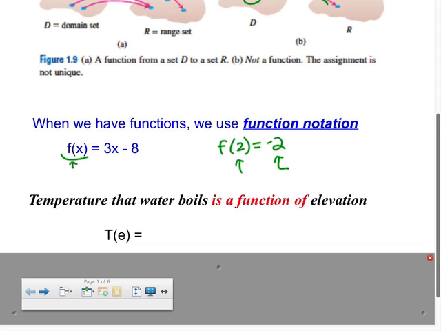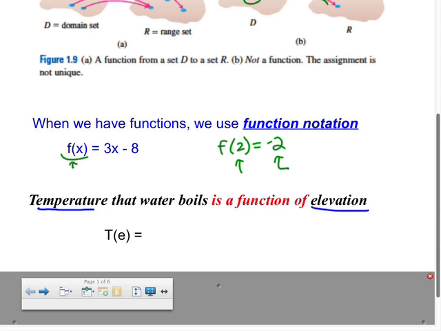Now, some ways of speaking, vocabulary here. When we say, for example, that the temperature that water boils is a function of elevation, what we're saying here is that the temperature depends on the elevation. The temperature that water boils at will depend on the elevation. It's a function of the elevation. So we can write that as a function here. Temperature is a function of, so instead of using f of x, we might use T for temperature.